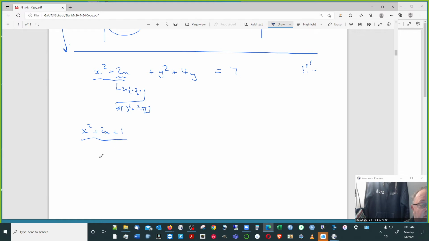And that is a perfect square in the form of, who can tell me what goes here? X times x is x squared, tick. X times this thing times 2 is 2x, tick. So this thing's got to be 1. And 1 times itself is this one, tick.